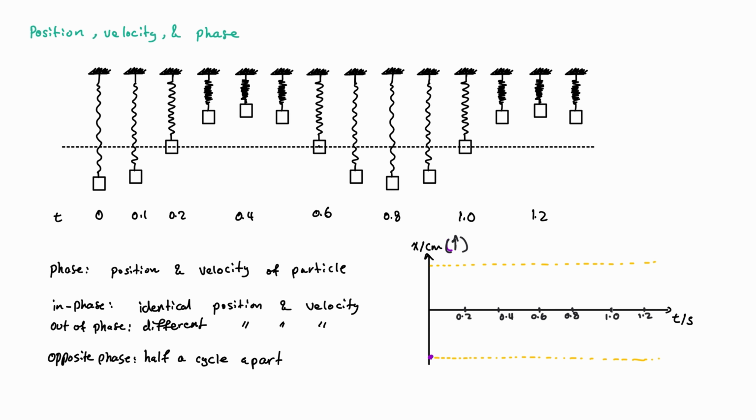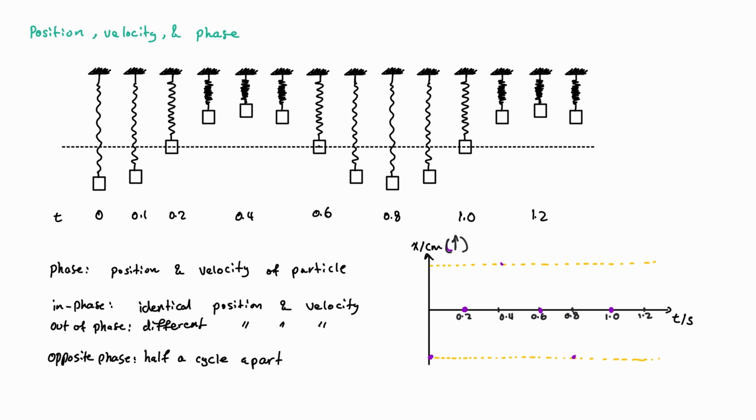And at 0.2 seconds, it reaches the equilibrium position. At 0.4 seconds, it goes to the amplitude in the upward direction. At 0.6, it's at equilibrium, and at 0.8, at the amplitude in the negative direction. So I can put all those points in. And again, at 1 second, it reaches the equilibrium position.